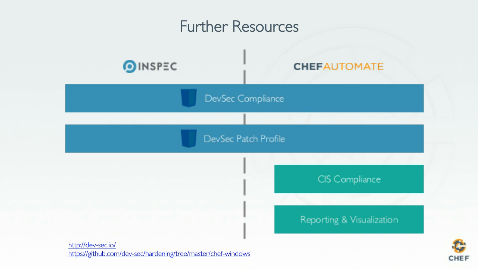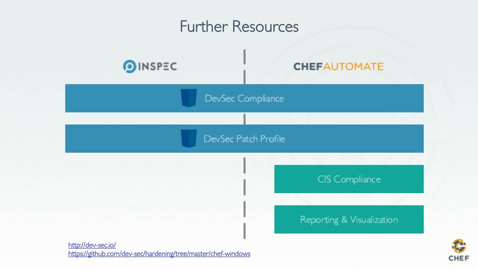So, Christoph, could you take us through some of the further resources available? Right. So I think we talked already a lot about InSpec and Chef Automate, and in order to get started, we talked about the DevSec baselines. So it's the Windows baseline. You can also use the DevSec Windows patch baseline. It's open source. It also will be shipped with Chef Automate.